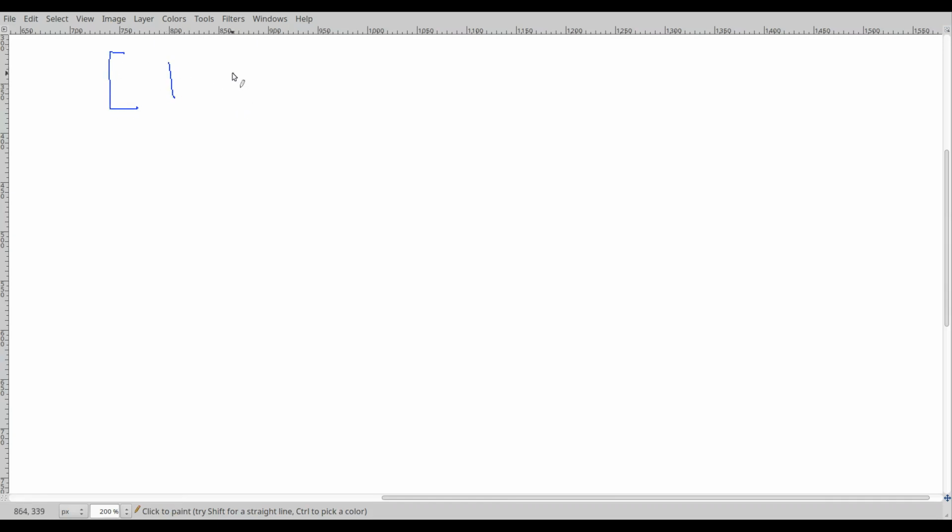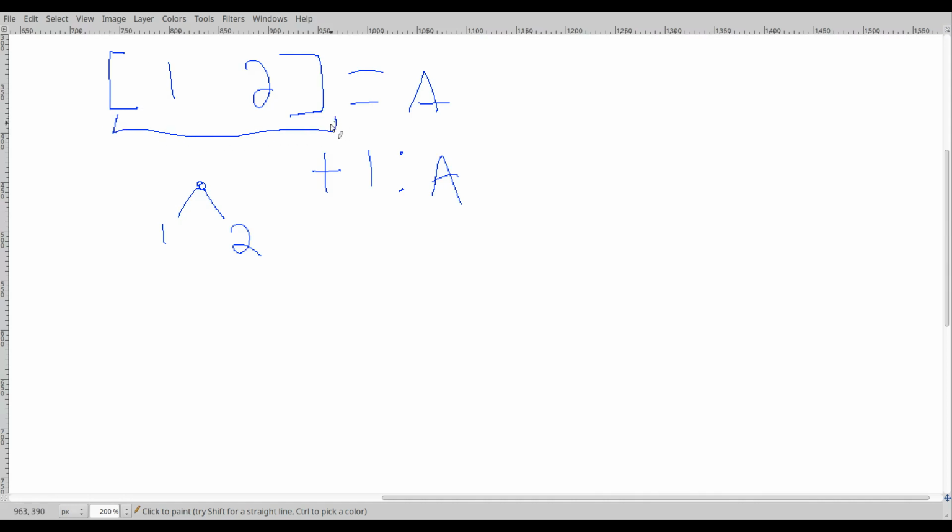If we take the cell [1 2], and we draw that out as a tree, each of these nodes actually has its own index in this system. So let's go ahead and refer to this cell as A for convenience here. So if I do +1 colon A, what that's actually going to get us back is the entire cell.